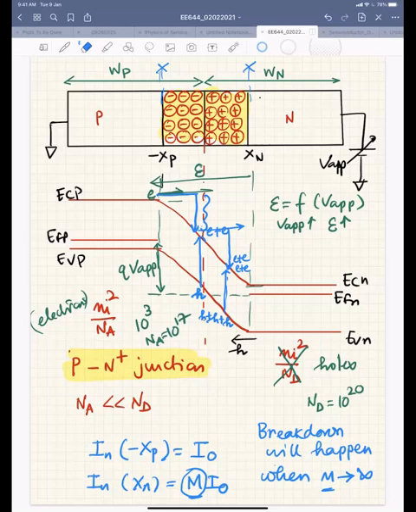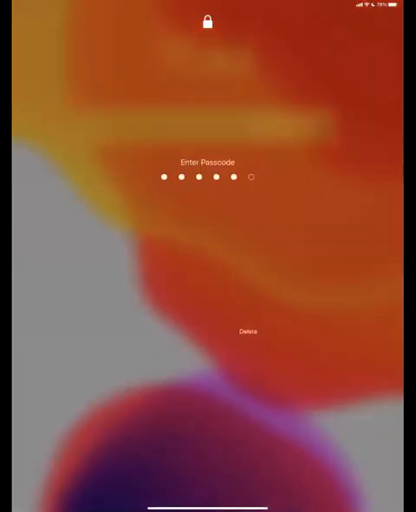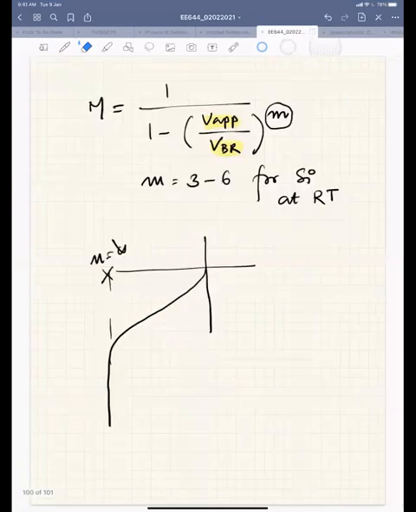But when you're talking about the lower reverse bias case, the generation is not very high, and there is a finite recombination also in the depletion region.